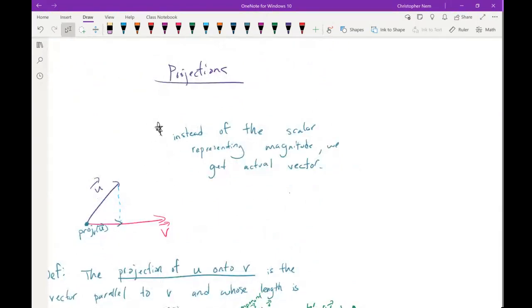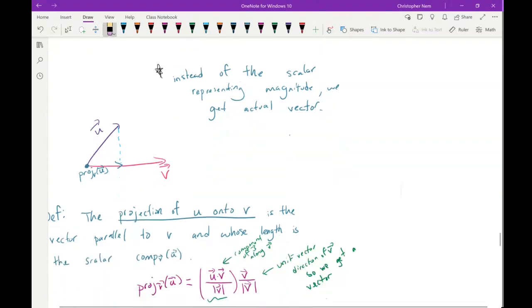The main difference is that the projection of u along v is a vector, not the magnitude. It has the magnitude of the component of u along v. Clearly, that distance has to be the component piece. It's just turned into a vector.